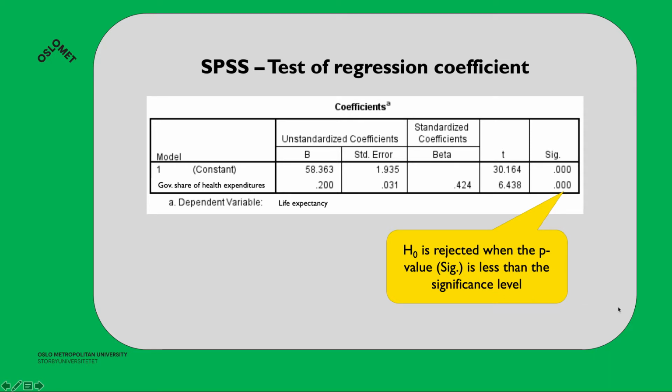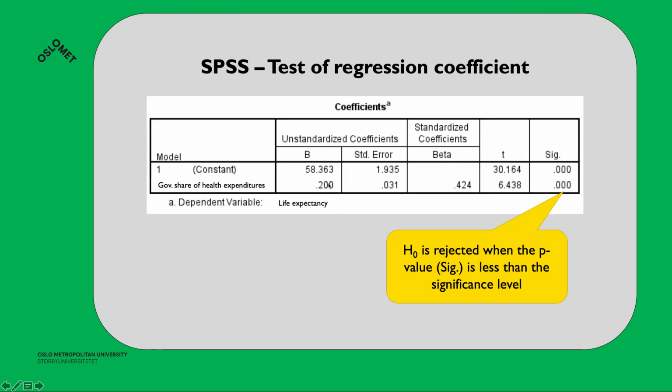We can be more than 95% sure. We can actually be 99.999 something, because there is a number down here somewhere, that H0 is not true, and the regression coefficient is different from 0 in the population.